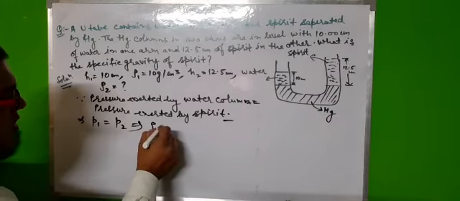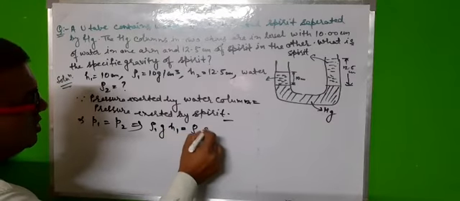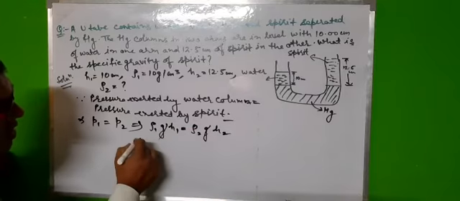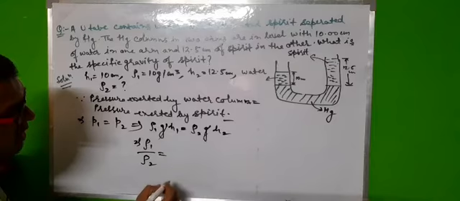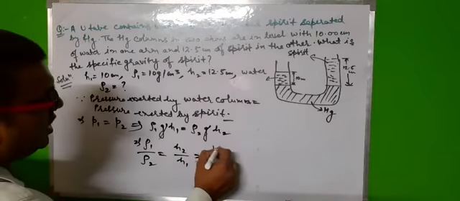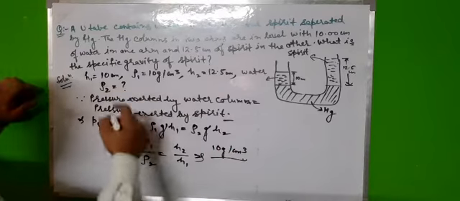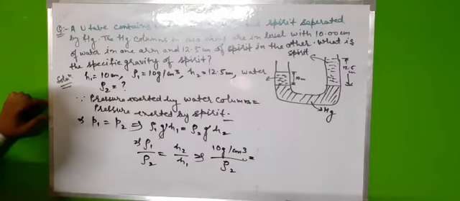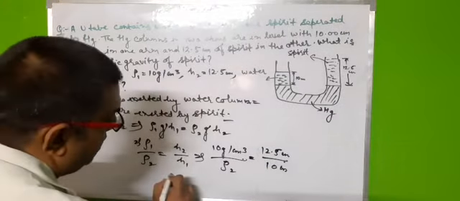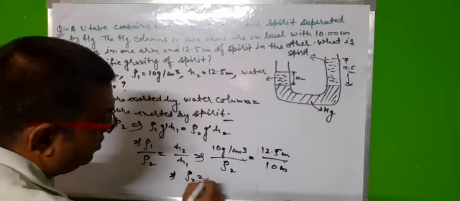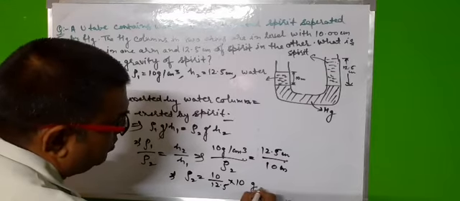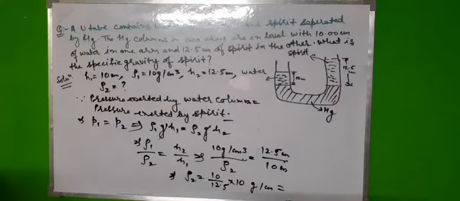Obviously g and g cancel out, and the ratio ρ1 upon ρ2 is equal to h2 upon h1, and all the values we know. So ρ1 is 1 gram per centimeter cube upon ρ2, which we have to find, and h2 is 12.5 centimeter, and h1 is 10 centimeter.